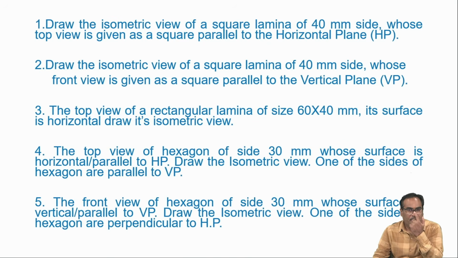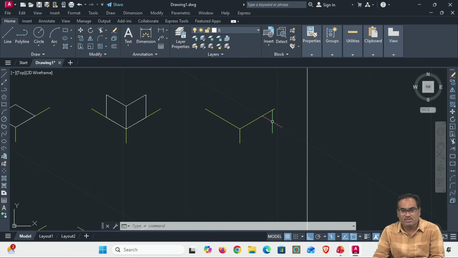Right, what is the third problem? The top view of a rectangular lamina of size 60 by 40 mm, its surface is horizontal, draw its isometric view. Again it is a top view horizontal, so each side of the rectangle should be parallel to one of the axis. Okay, right, these problems are very easy.